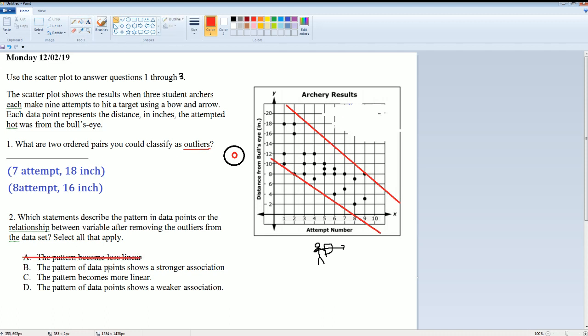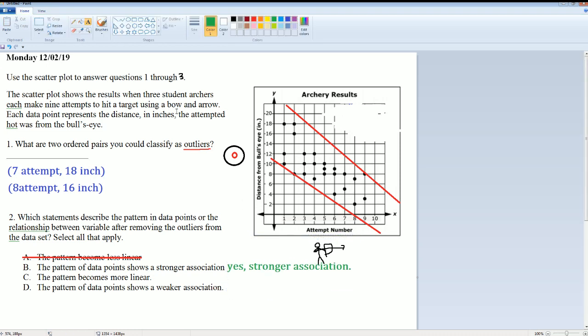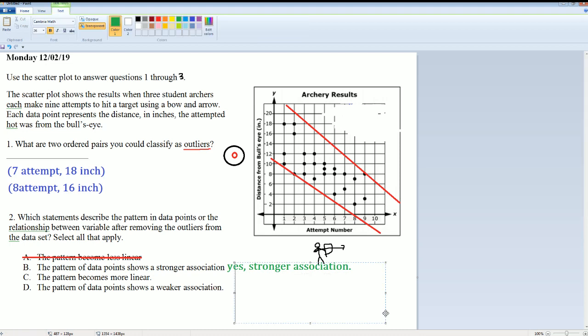The pattern of the data shows a strong association. Is there a strong association? Yes, we would say yes. There is a stronger association. And what do I mean by association? It means the data points are closer together.